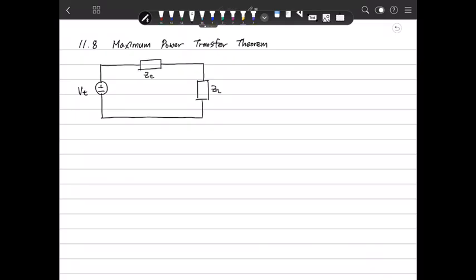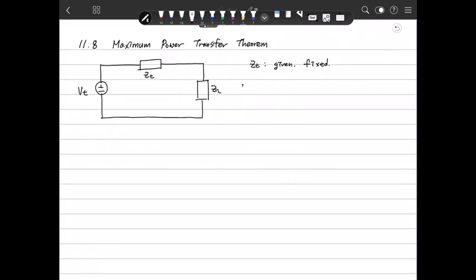And actually, the transmission line is a given. You cannot change the given transmission line. So Zt is a given value. But my target is, I want to get the maximum power from the source.